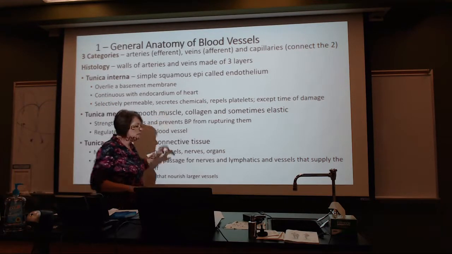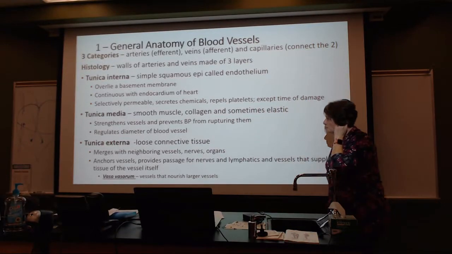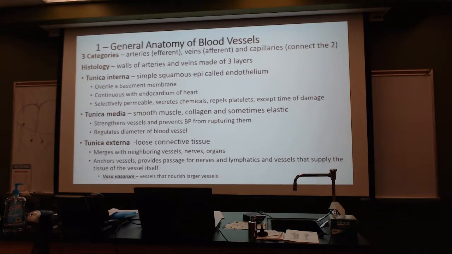So, some of the things that it can do, because they are simple squamous cells: simple squamous cells are good for secreting materials and allowing materials to move, either across the cell, because it's only one cell layer thick, or between the cells.